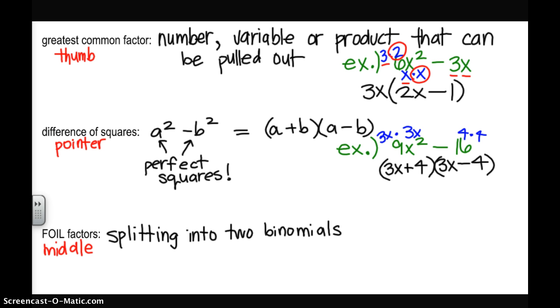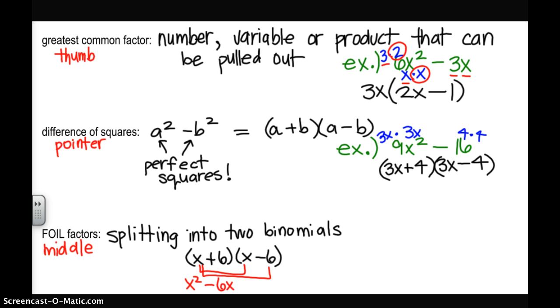When we have something like this, we can actually do something called FOIL, first times first, x squared. Outside times outside, negative 6x. Okay, this one I don't like.